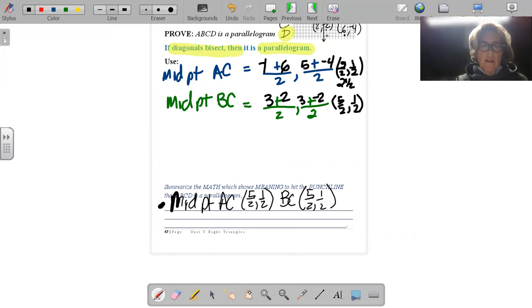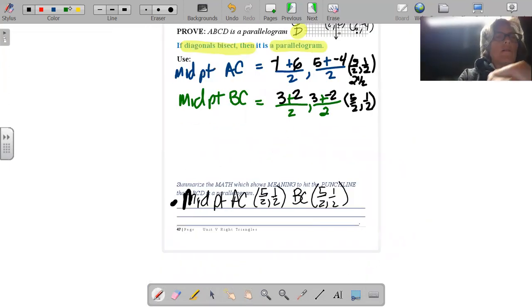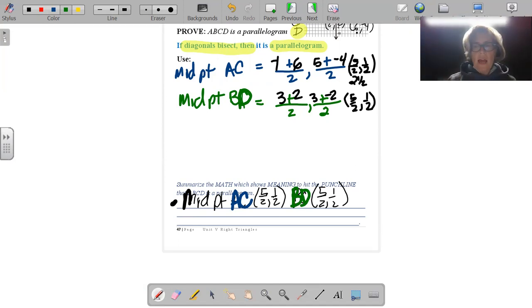That's AC and BD. AC was the blue. I'll color code it for you. And BD was the green. There's your math. Meaning of the math.